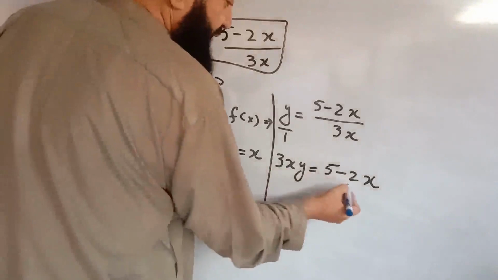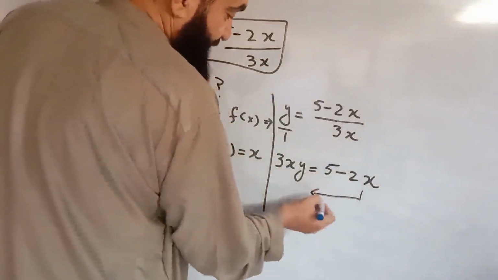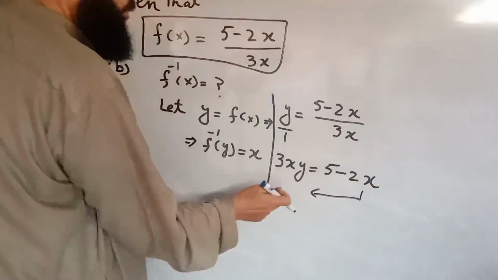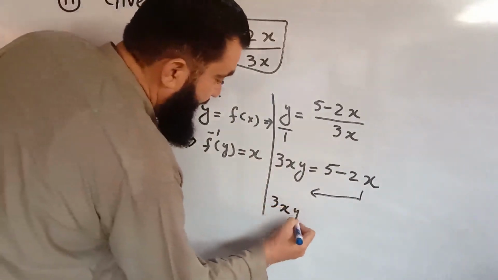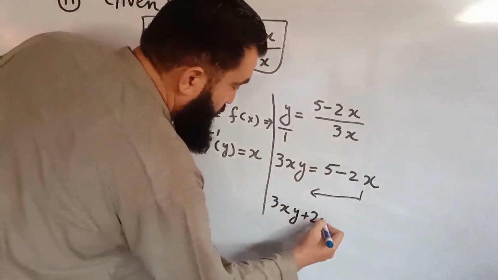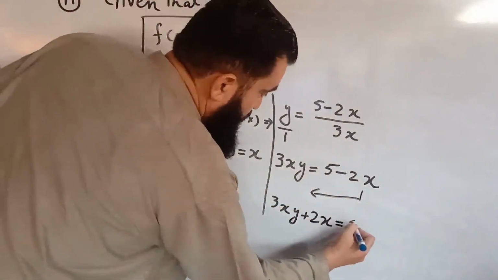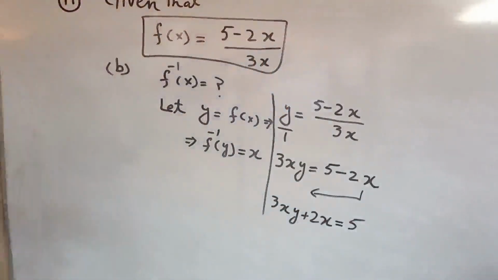So this is the x term, so shift it to the left hand side. This will become 3xy plus 2x is equal to 5. Okay.